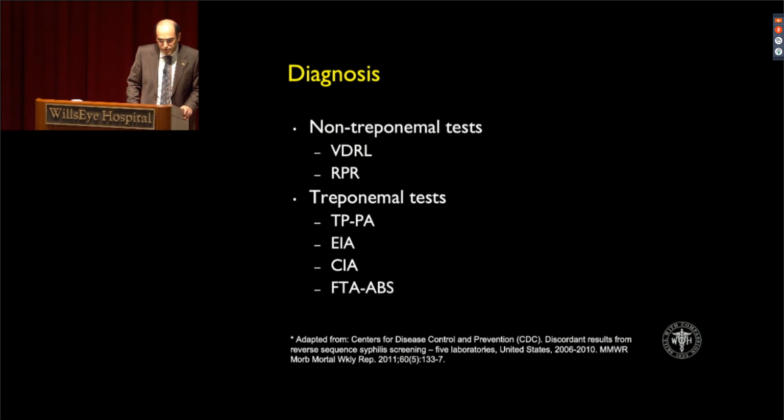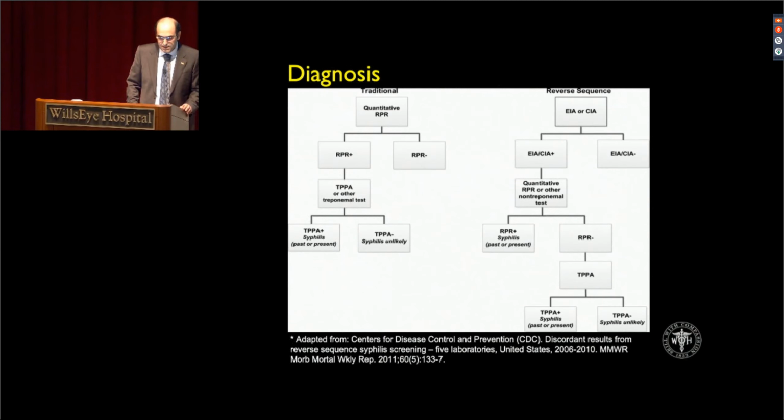For the diagnosis, we have non-treponemal tests and treponemal tests. The left panel shows the traditional algorithm that has been used, which starts with a non-treponemal test like RPR, and if they are positive, a treponemal test will be obtained from the patient.